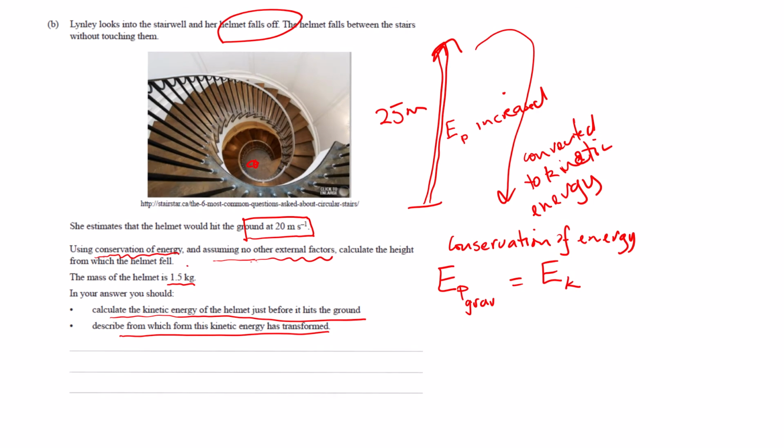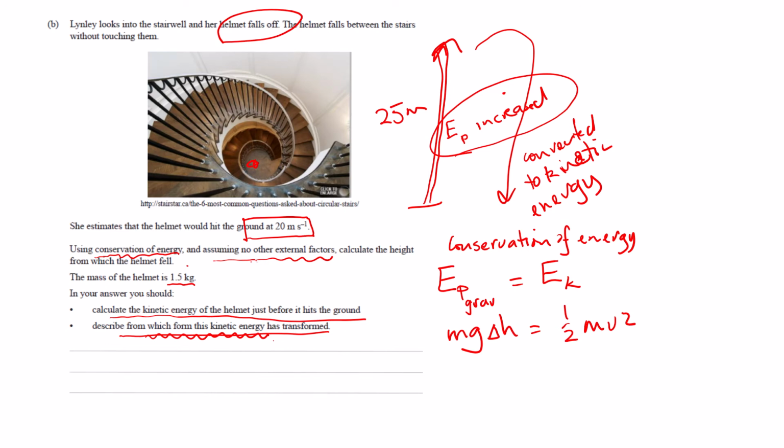Now gravitational potential energy is mg delta h, the height, is equal to half mv squared. So we've described from which form this kinetic energy is transformed. We've said it has come from gravitational potential energy, and we need to calculate the kinetic energy of the helmet just before it hits the ground.